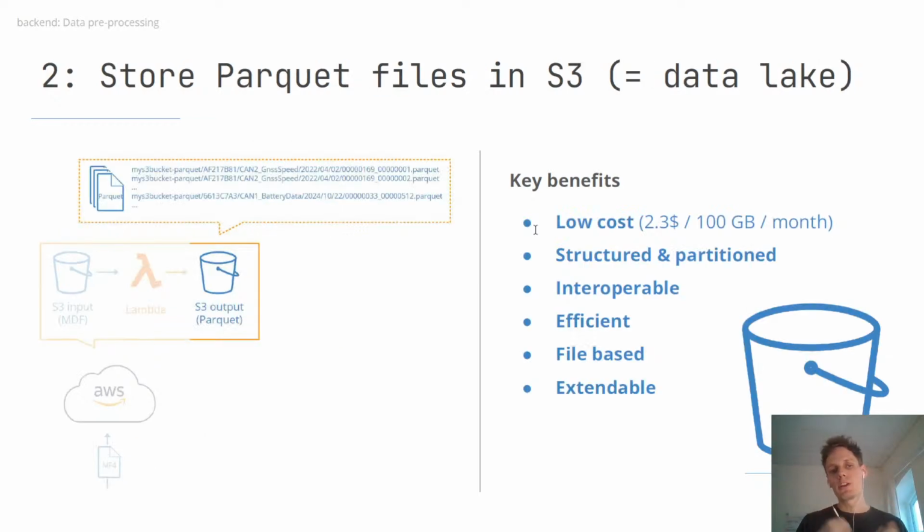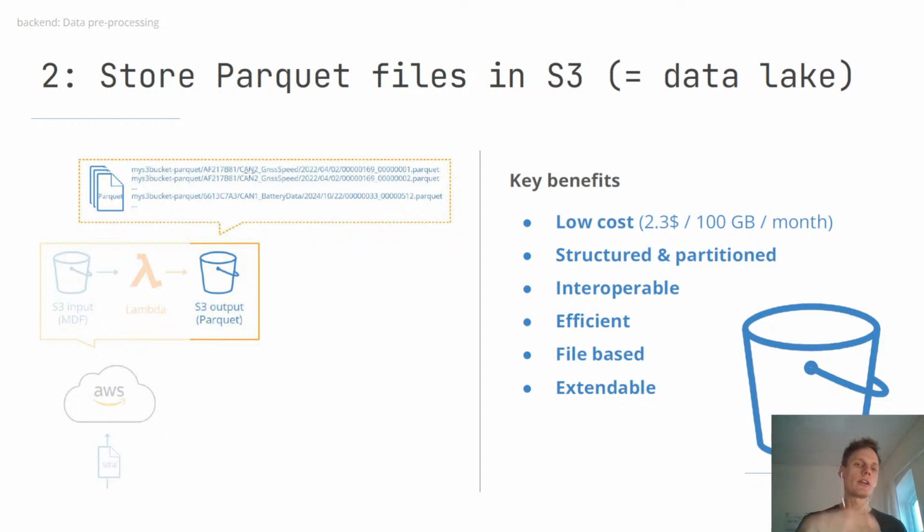As mentioned, these Parquet files that are being created will be put into another S3 bucket. So a bit like how the CANedge stores your raw data in what we called the S3 input bucket, we are now going to store this decoded data in the other bucket called the S3 output bucket. And we store it in a way as illustrated here, with a folder for every device ID, so for every unique device in your fleet.